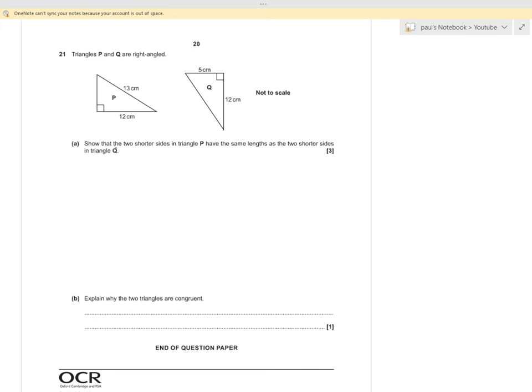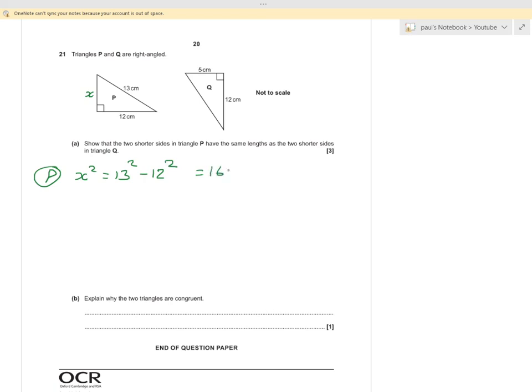Show that the two shorter sides in the triangle P, that's that one and that one, have the same length as the two shorter sides in triangle Q. Okay, in triangle P, we have got this one, X. X squared equals 13 squared minus 12 squared, Pythagoras, isn't it?